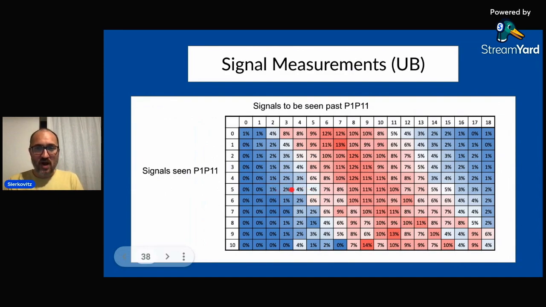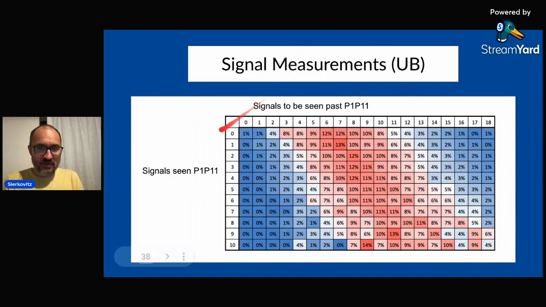That's going to happen like 1, 2, 4% of the time. And then we go to seeing 8, 9, 10, 11 signals. That will happen like 10% of the time. But then some amount of time, 7% of the time, you will see 12, 13 signals in the future. 5% of the time, you'll see 14, 15 signals in the future. That's a lot of cards that are pretty much playable in your deck.